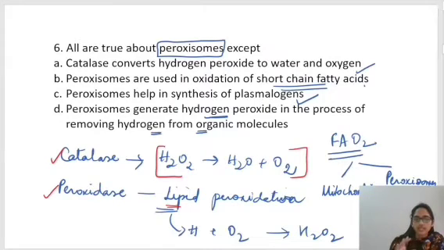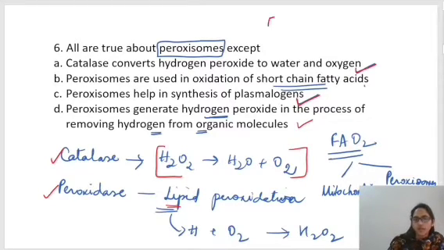So peroxidase is involved in lipid peroxidation, and it generates free radicals. So generating free radicals is the right option. And catalase converts hydrogen peroxide to water and oxygen, it is right. Peroxisomes are involved in synthesis of plasmalogen, that is also right.